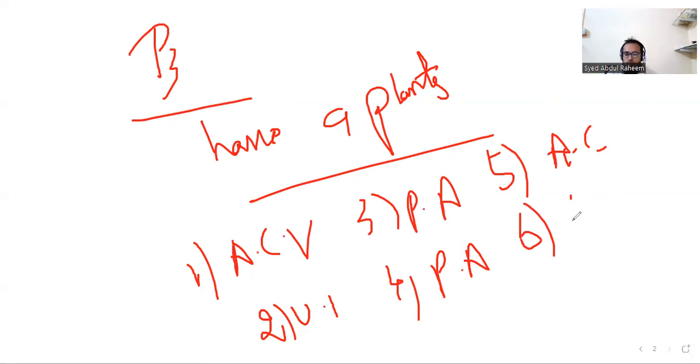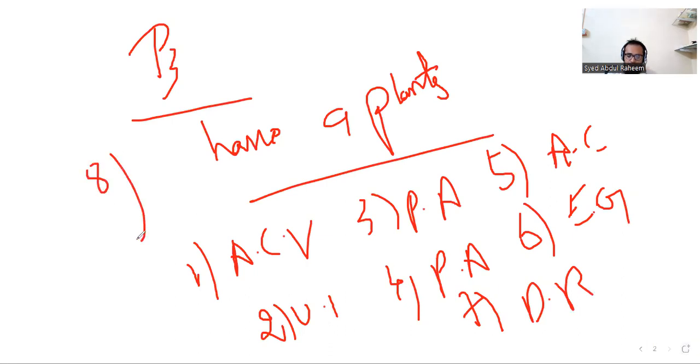Eucalyptus globulus, this is also seen in P1, P2. Next, we have another remedy, Drosera rotundifolia. Next we have the eighth plant, Hyoscyamus niger.